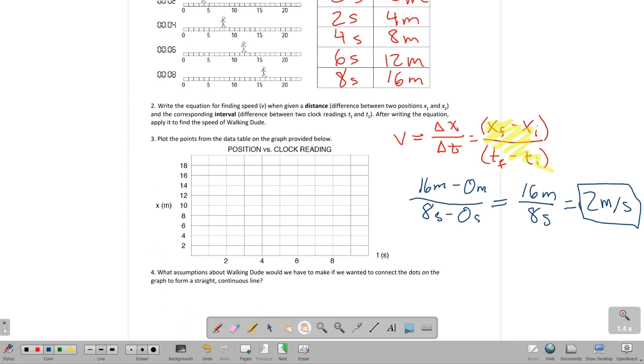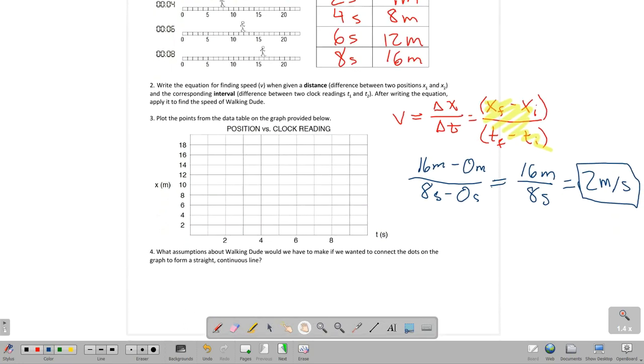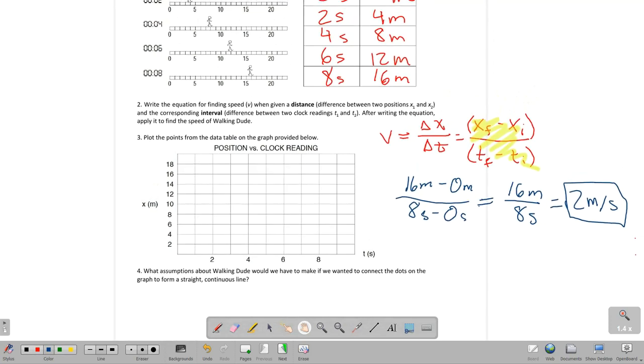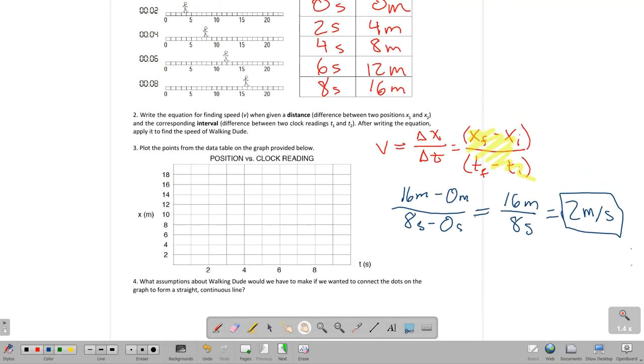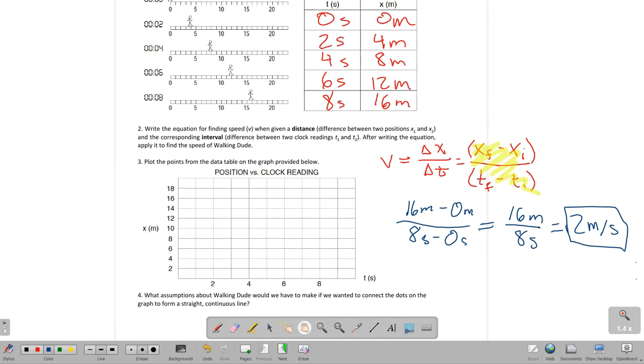So the next thing we need to do here is plot the points from the data table right here on this graph. For this, go back to the red pen here. I'm going to mark at 0, 0. That was our starting spot. And then I need to look at 2 seconds and up at 4 meters. So right here.